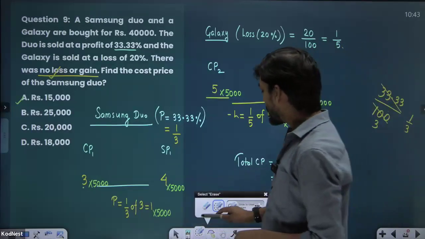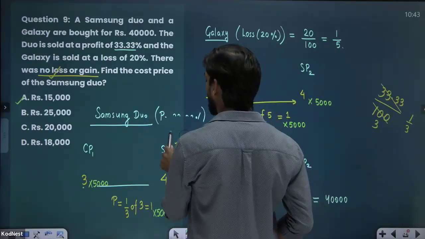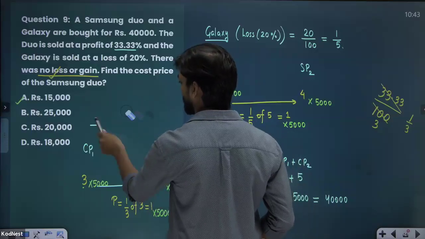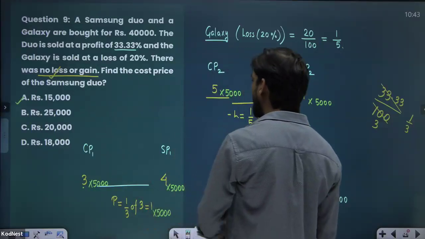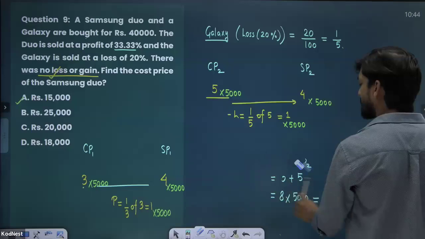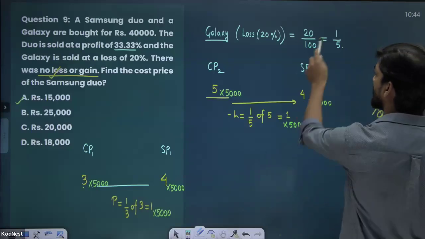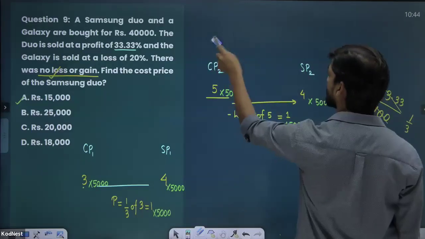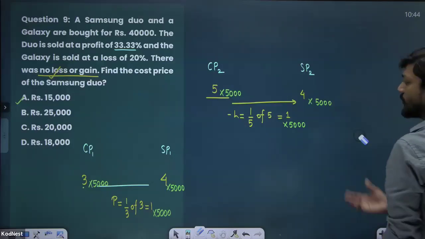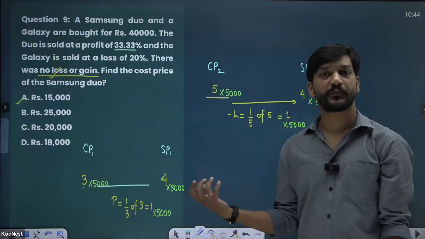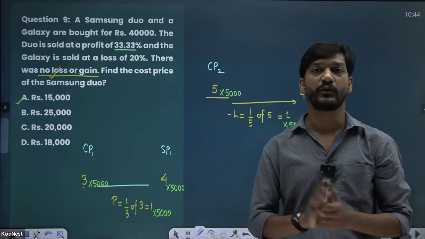If I don't write this, and directly if I write this, how much is the solution? Nothing, right? So this is how much you have to write.